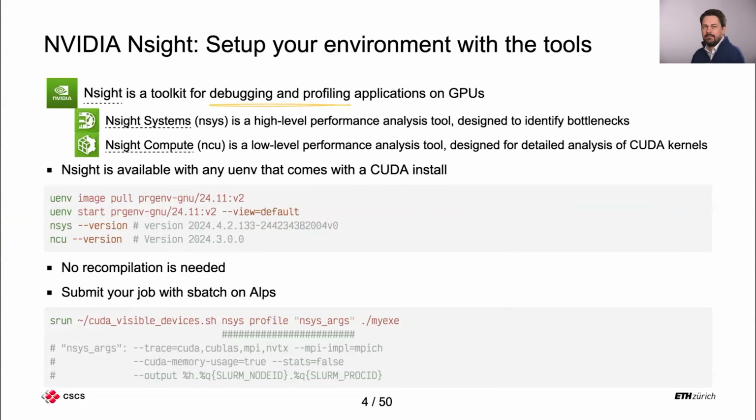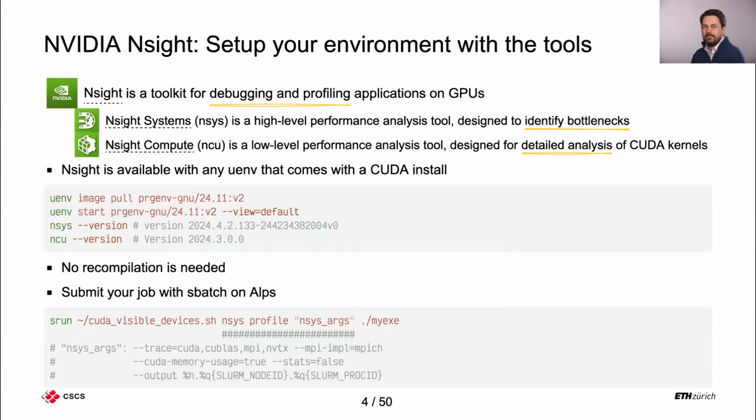NVIDIA Nsight is a set of tools for debugging and profiling your application on NVIDIA GPUs. Inside Nsight, you have two tools. The first one is Nsight Systems, which is a high-level performance analysis tool where you can identify where your application is slow.